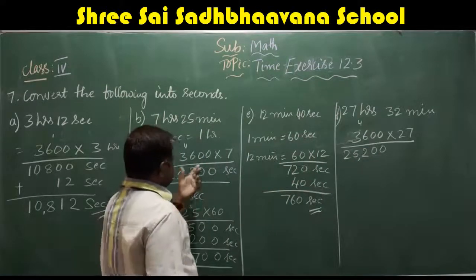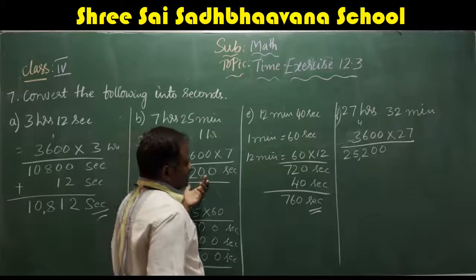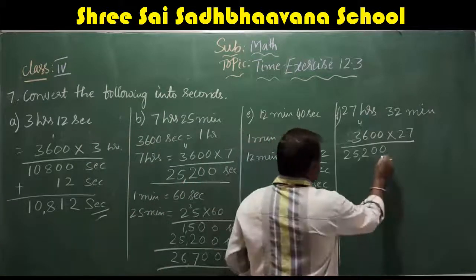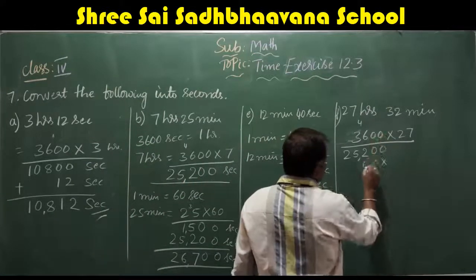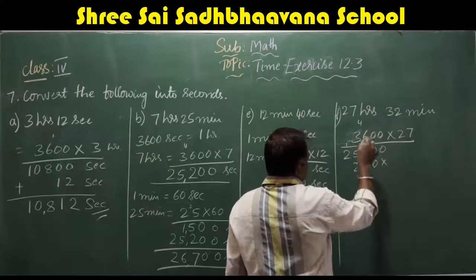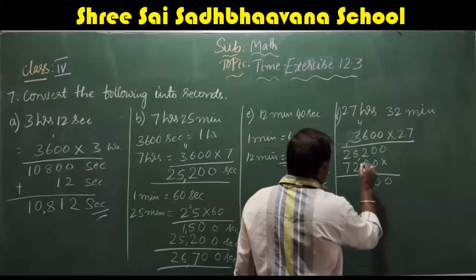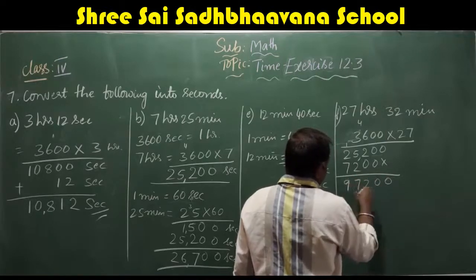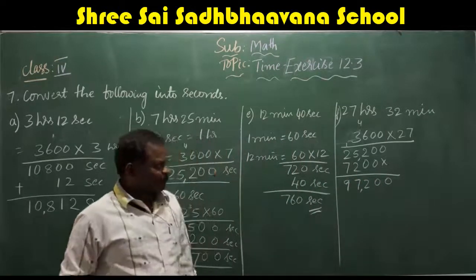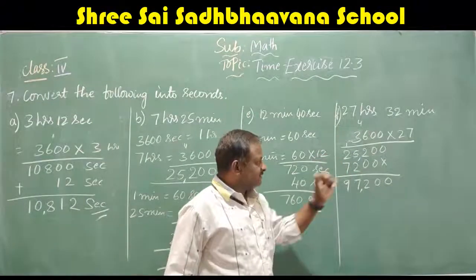Here we have got the results for 7 hours. Next 2 tens: 2 zeros are 0, 2 sixes are 12, carry 1, 2 threes are 6 plus 1, 7. Add: 0, 0, 2, 7, 9. 97,200. That is for the 27 hours.